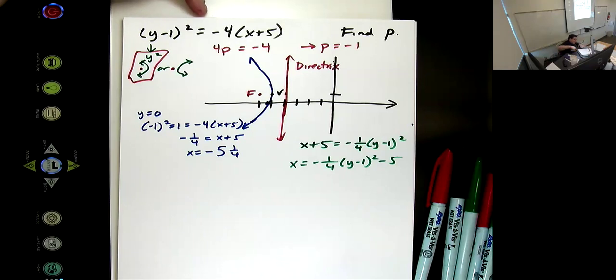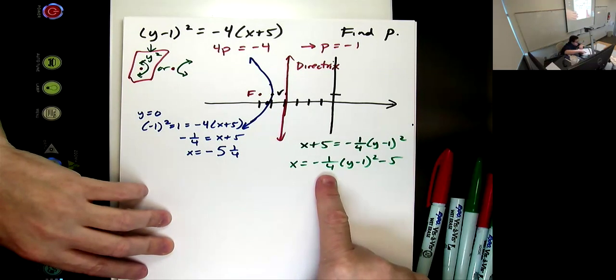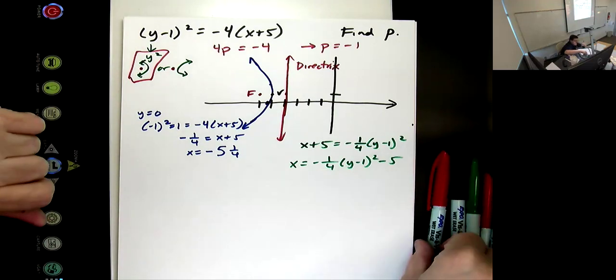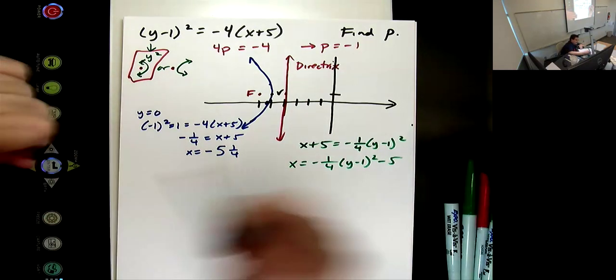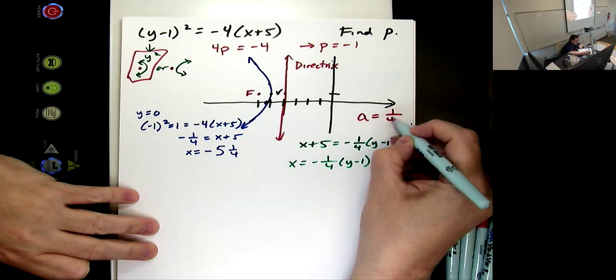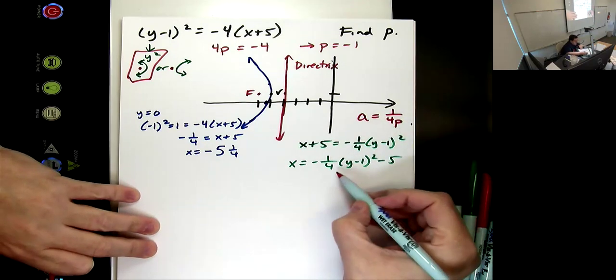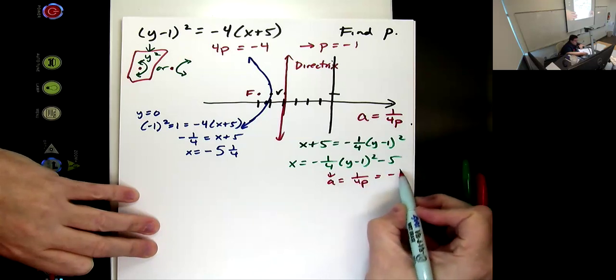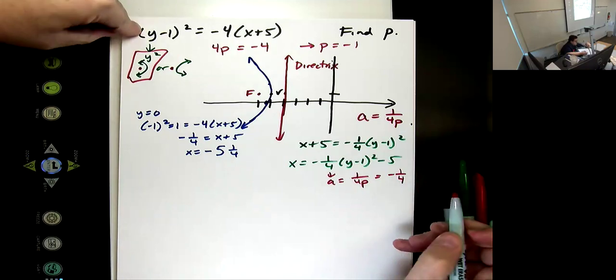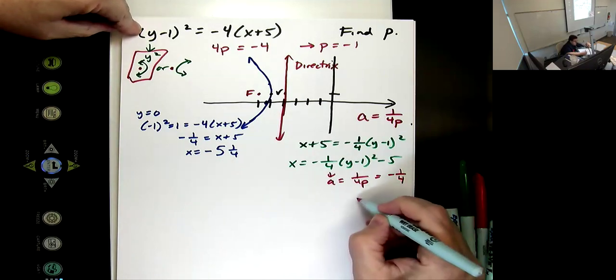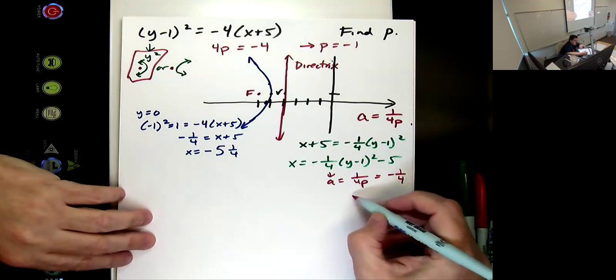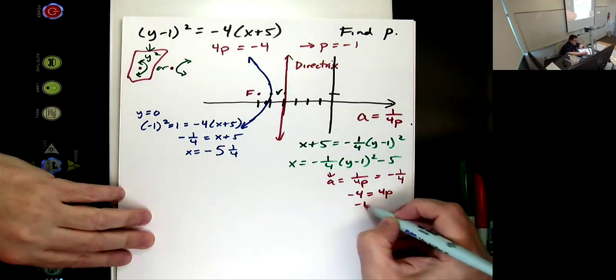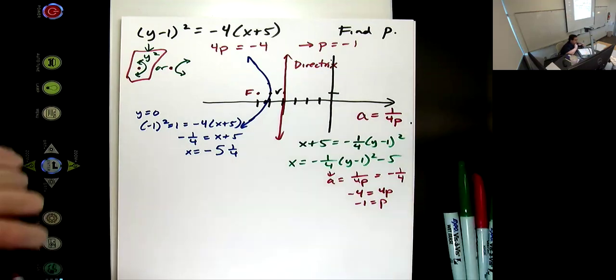If this is the form you're starting off with, and you remember the relationship that a equals 1/4p, you can take this right here, this is a, which is 1/4p equals -1/4, and not have to rewrite it in the other form. Here, you cross multiply, you get -4 equals 4p and p equals -1. So you don't need to rewrite the equation if you don't want to.